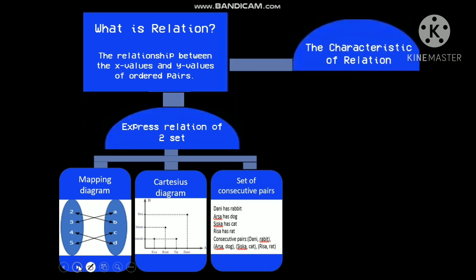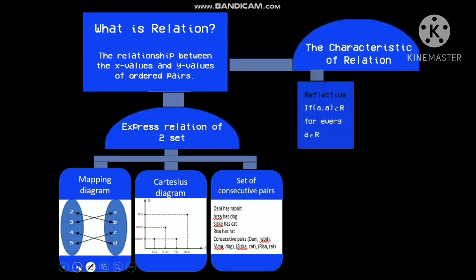And then we move to the characteristics of a relation. The first is reflexive. We can say that the relation is reflexive if (a, a) belongs to R, for every element a belonging to the set of real numbers.